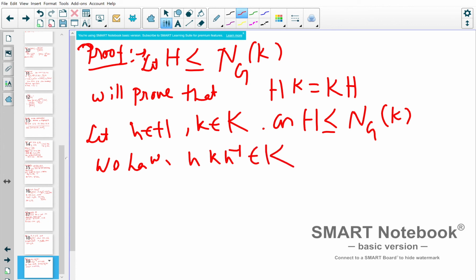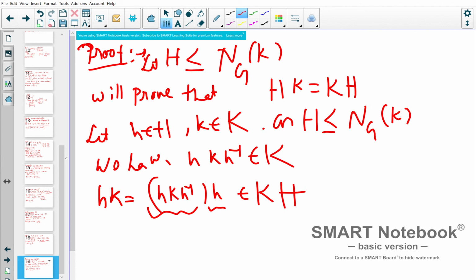Hence hk can be written as h k h inverse into h, because h inverse h cancels and then it becomes hk, but this is an element of K and this is an element of H, so this is an element of KH.